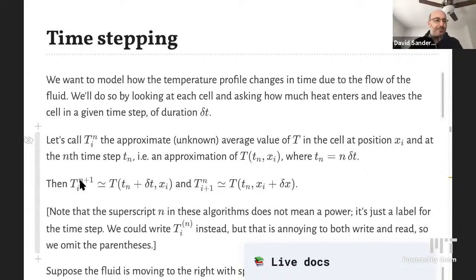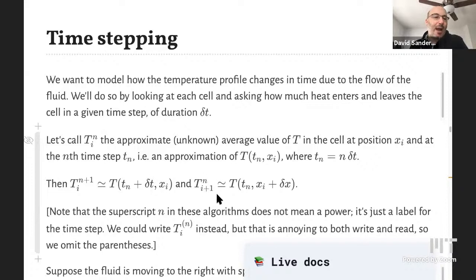And so, for example, T sub I superscript n plus 1 means at the next time step, so at time t sub n plus delta t, in other words, at time t sub n plus 1. But if there's an I downstairs, then it's at the same position x sub I. So this represents the temperature at the same position at the next time step.